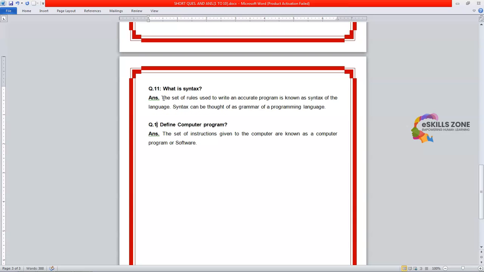Next, number 12. Last question of today's video. Question is, what is a syntax error? The answer is, while programming, if the proper syntax or rules of the programming language are not followed, the program does not compile.